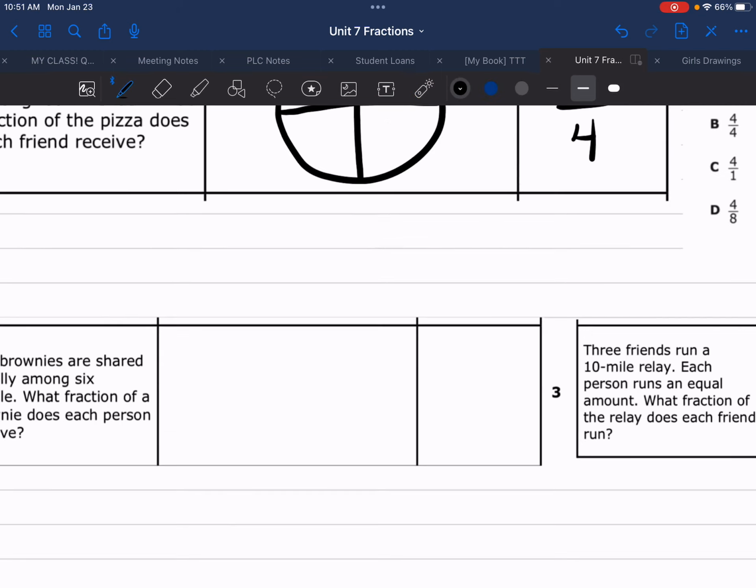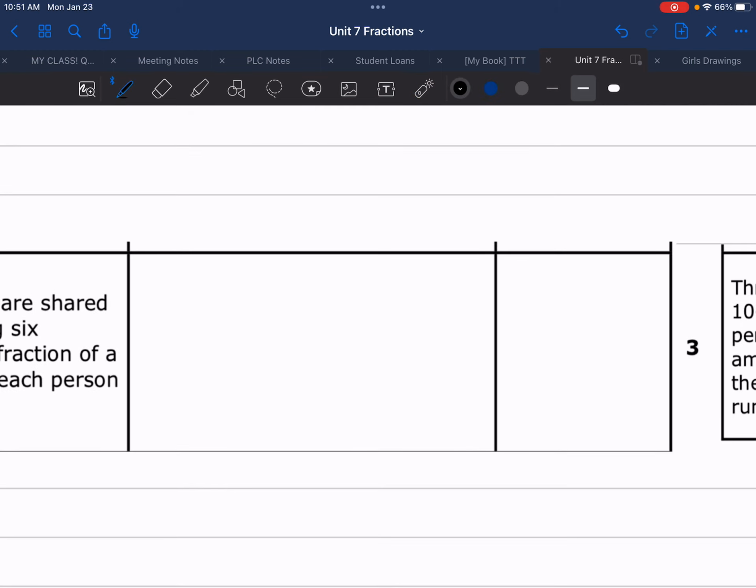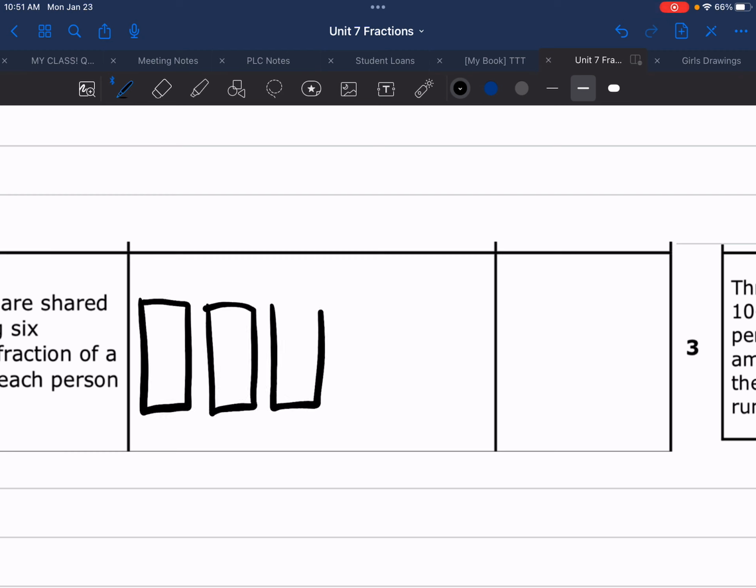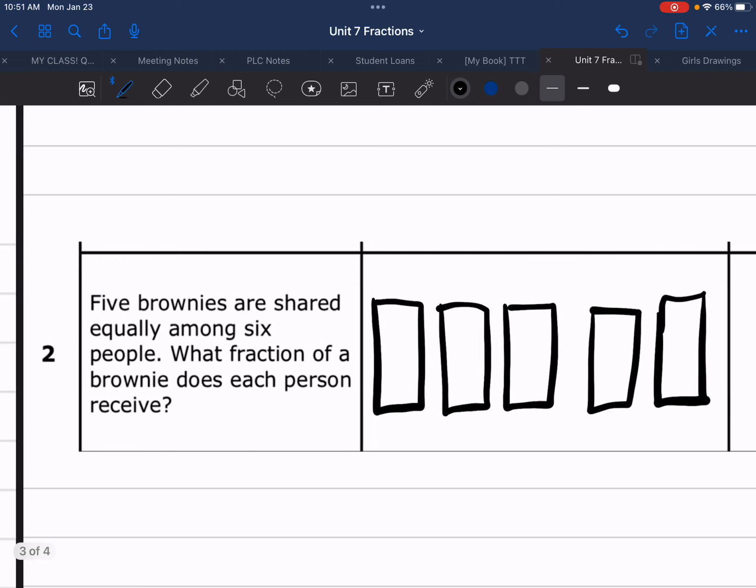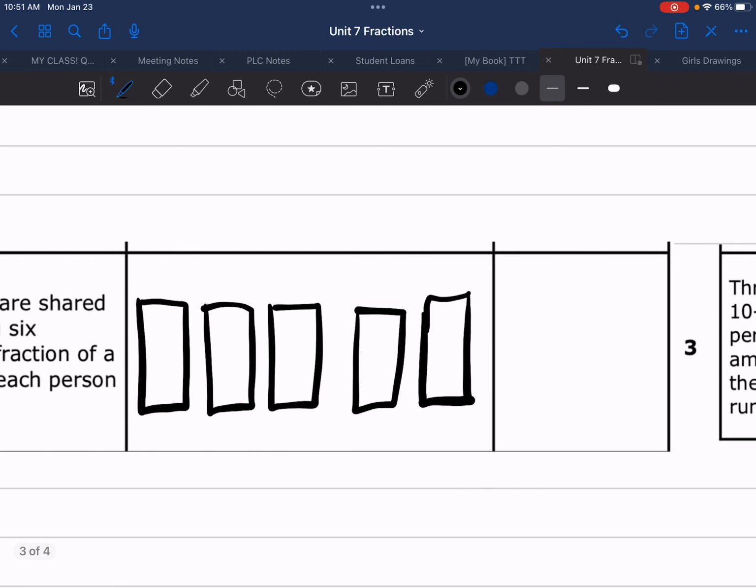Well, let's draw our 5 brownies again. 1, 2, 3, 4, and 5. Now it says I have to share them equally among 6 people.